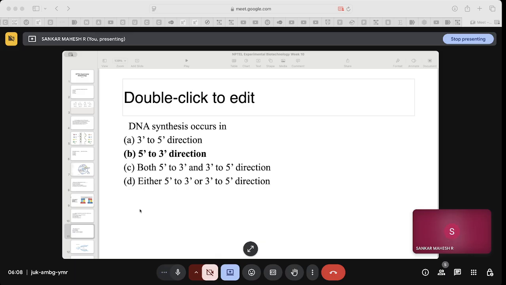Replication as in, do you think there is any molecular component that will dictate the directionality? You have a DNA, you want it to replicate. Now, is there any molecular component that will decide whether it has to happen in 5' to 3' or 3' to 5' or either of it?